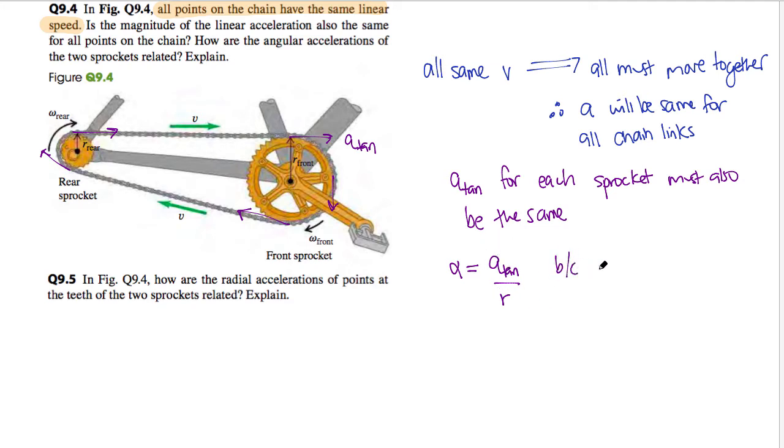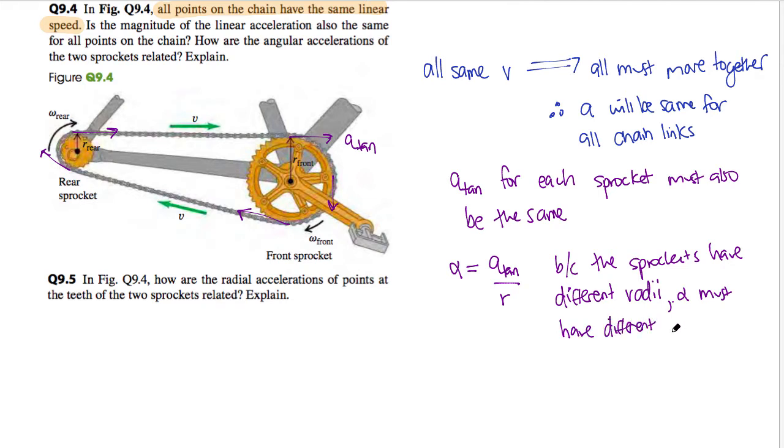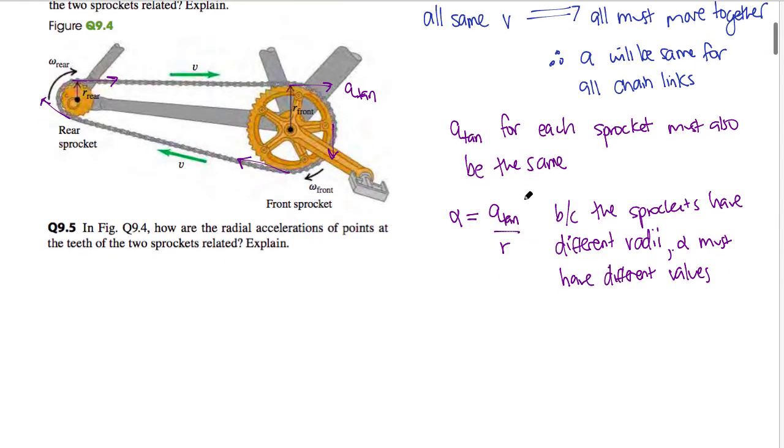So because the sprockets have different radii, that means that our angular accelerations must be different. So because they have different radii, alpha is going to be different. So how are those two related? The way we relate them is kind of through this radius.